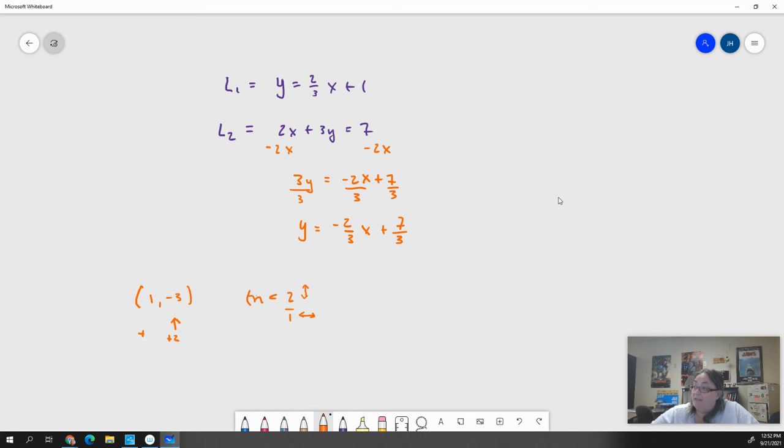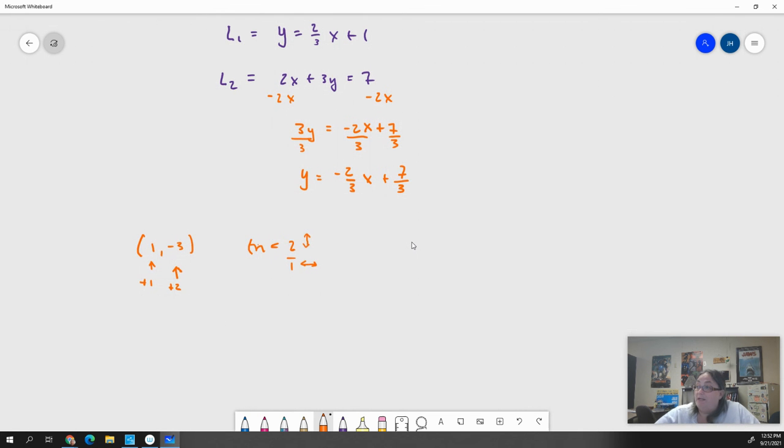And we're going to add 1 to every x. Does that make some sense? So I can find my next point just looking at this, knowing the slope, right? My next point would be (2, -1).